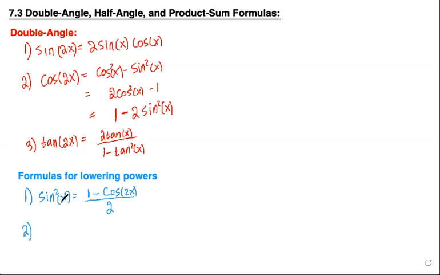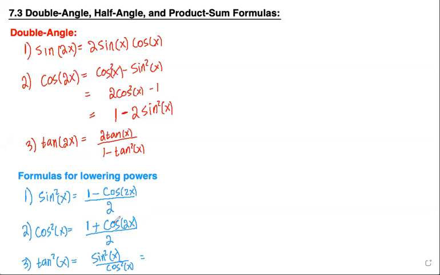Number two, the cosine square of x is equal to 1 plus cosine 2x over 2, and 3, the tan square of x is equal to sine square of x over cosine square of x.